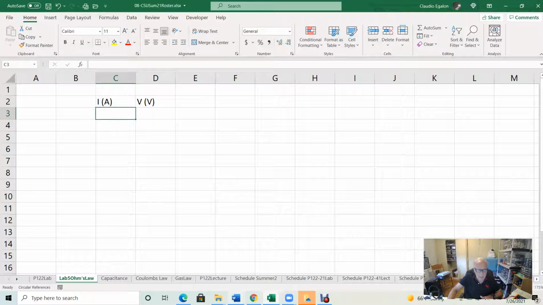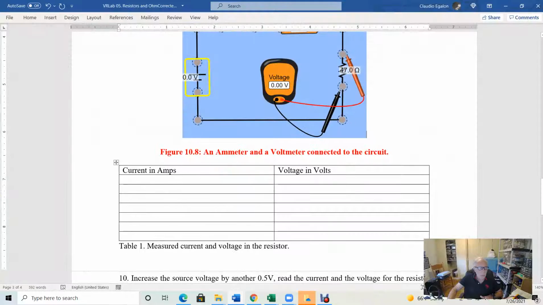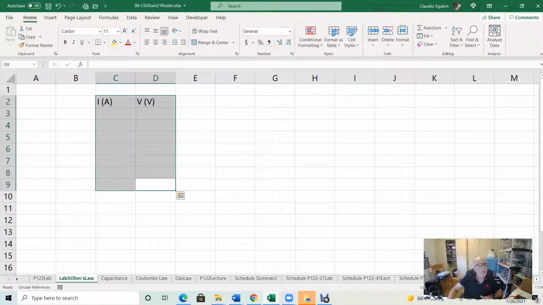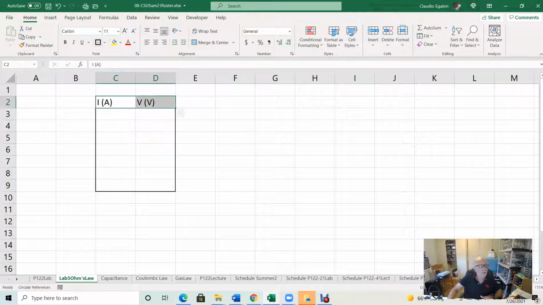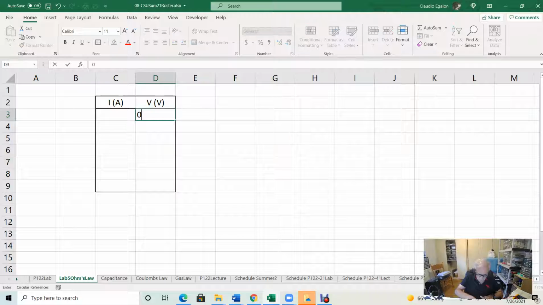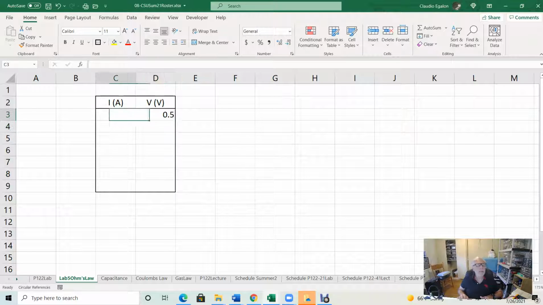How many do we want? 1, 2, 3, 4, 5, 6, 7. Okay, I'm going to make 7 measurements. So 1, 2, 3, 4, 5, 6, 7, right in here. Seek borders like that. Centralize. We start with half volts. And then what did you get there?